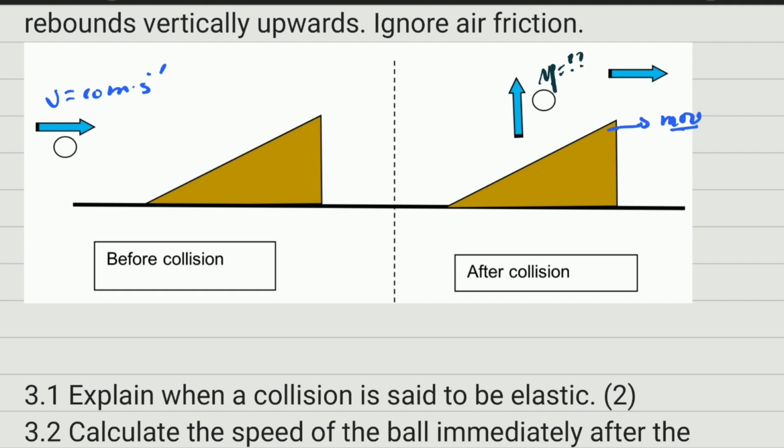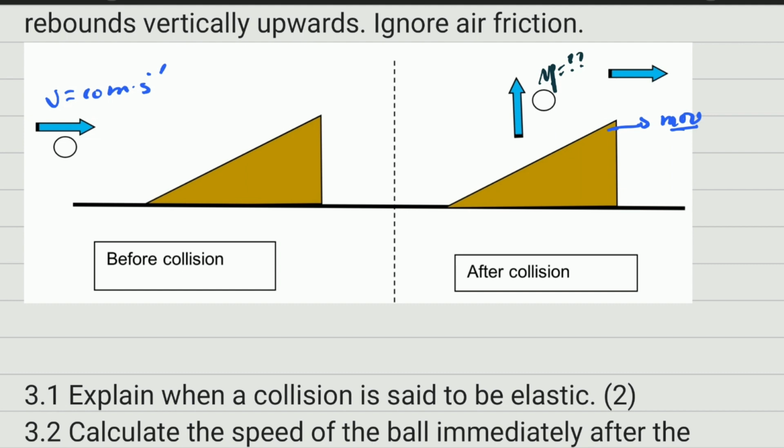Because it's an elastic collision, the first thing we're going to apply is momentum. But be careful here. Momentum is only conserved in one direction. It cannot be conserved in both directions. Unlike kinetic energy, momentum is a vector and it will conserve in only one direction.